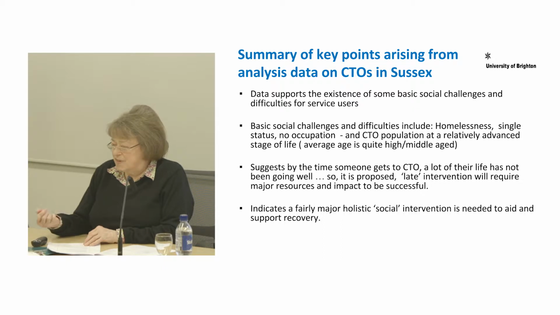So in terms of recovery, one would anticipate that they would really need quite a significant input of support and resources. And what we're hearing from care coordinators is that the people who are patients of the assertive outreach teams get that really quite significant input.